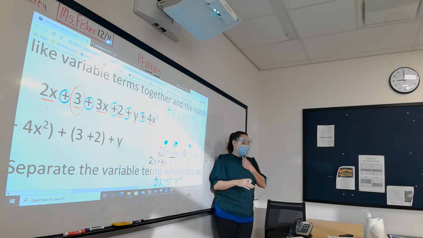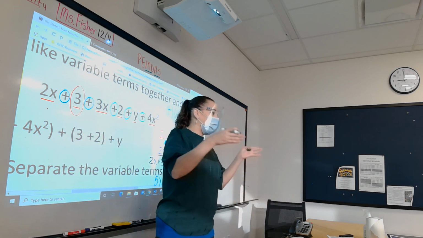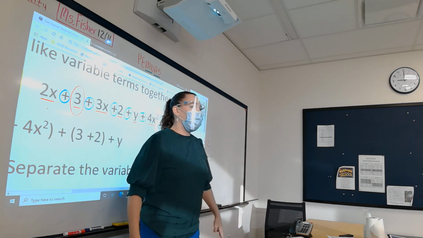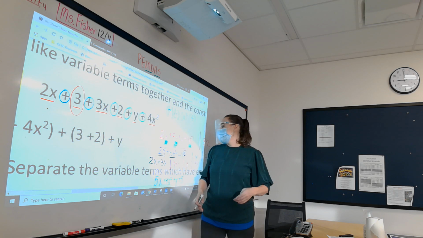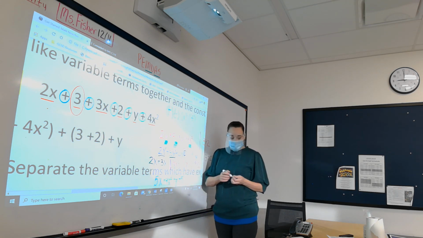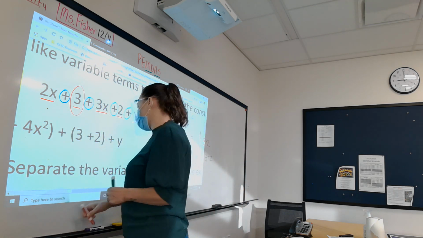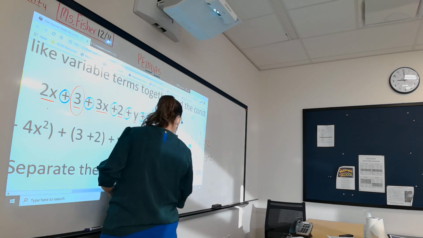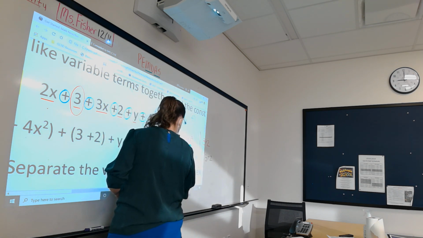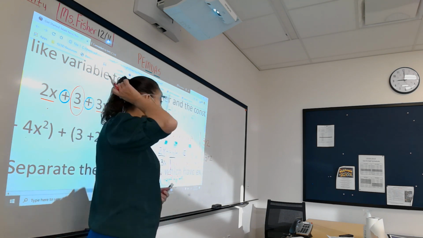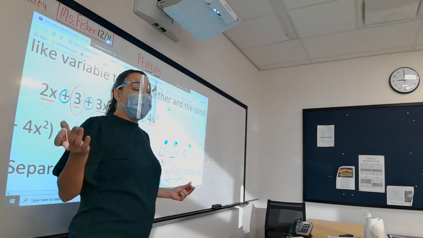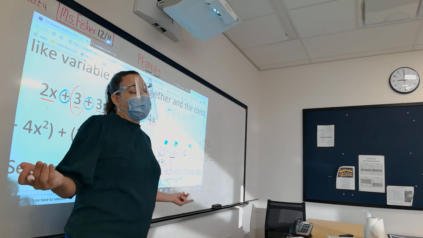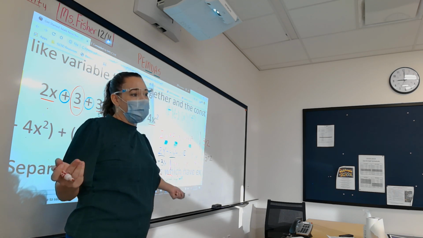Last step in your notes, you see, you have to put it in proper form. Proper form is your variables always come in the front of your equation, your constant is last. So then you may ask me and say, Miss Fisher, how do I know which variable goes first? Because I have 3 different variable terms, and you just told me, Miss Fisher, I can't combine those 3 different variable terms.